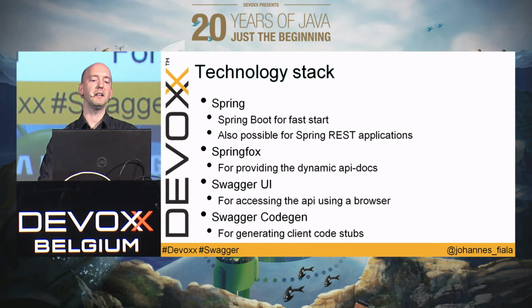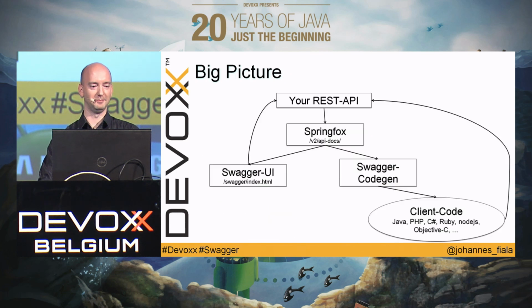They are providing the API docs, so they are necessary to generate the Swagger API docs. Then the Swagger UI to access the API using a browser. And finally, Swagger-Codegen, which allows you to generate client stubs in quite a few languages. I will show you later.